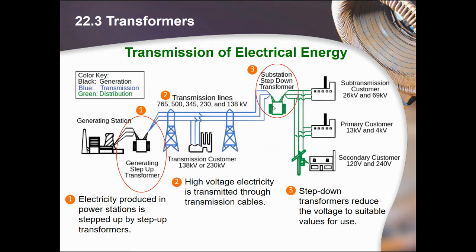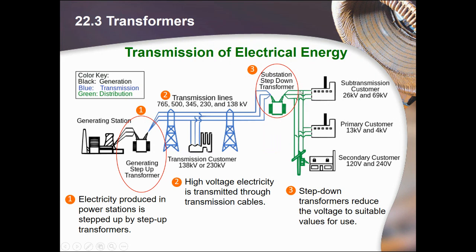Below your HDB flats, there's usually a transformer station with a danger sign, and in schools, near the back gate or whatever, you should also see some transformers. So the purpose of the transformer is to step down the voltage, to make it safe. Usually the voltage in Singapore will be stepped down to 240 volts.